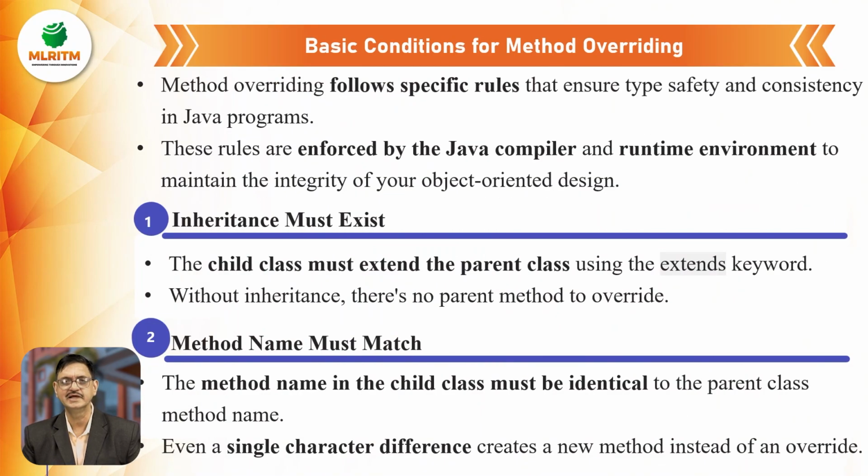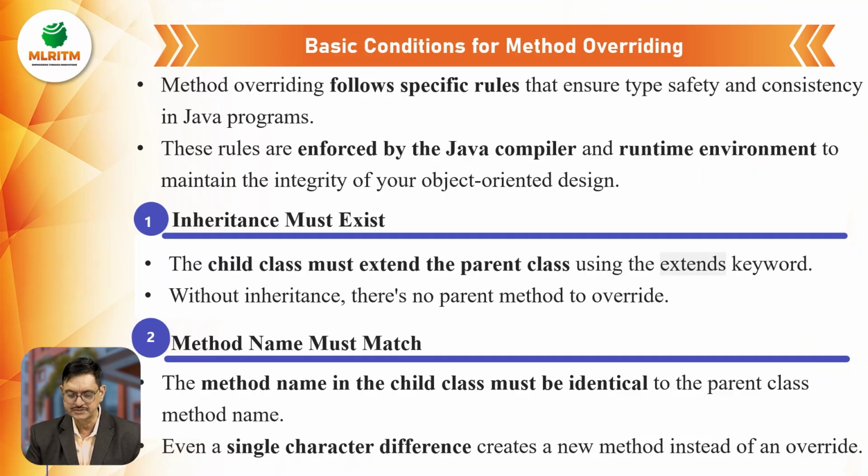So what are the basic conditions? Okay, the child class can extend the behavior of the parent class, but what are the specific conditions? What are the basic conditions a child class must satisfy when it overrides methods?